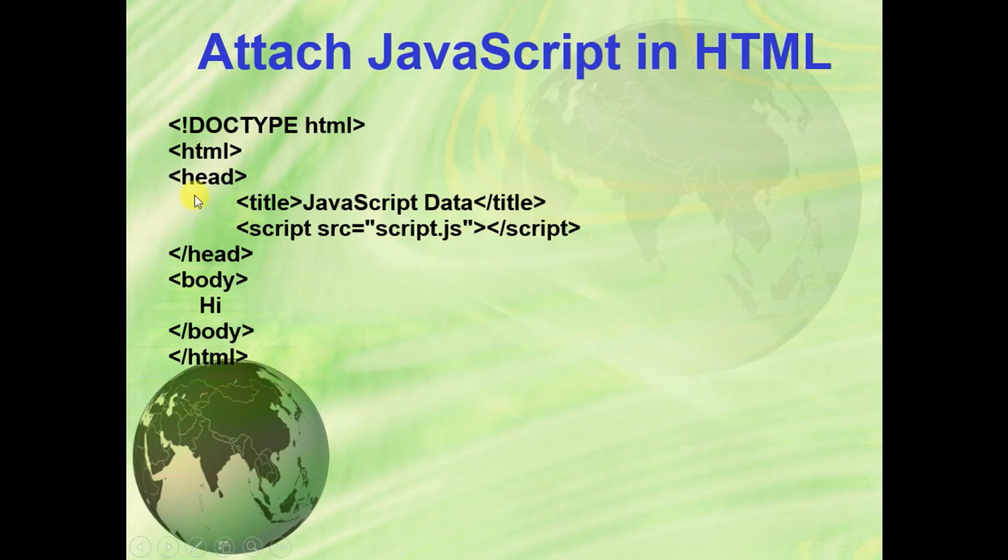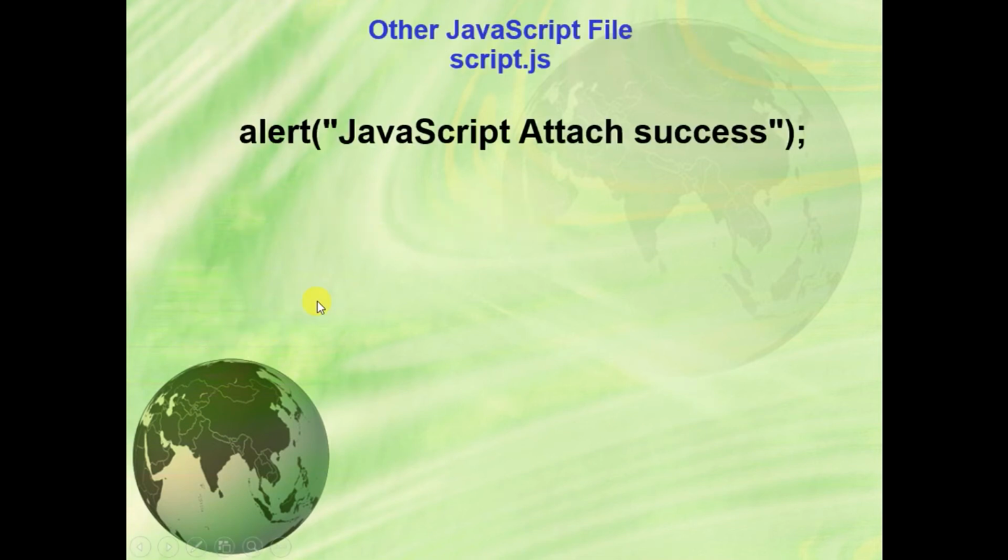And in the end section, where we put the CSS file, in the same location you will put the JavaScript file name, and into the body section you write what you want. This is the HTML file and the other one is the JavaScript file, script.js.